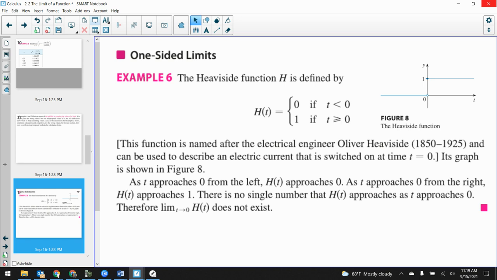I can't say that it approaches one thing, because from the left side it approaches 0, and from the right side it approaches 1. This is kind of like that sine graph that we saw get really weird right at the axis, where the limit did not exist in the middle there. This is another example where the limit as t approaches 0 does not exist, because the left side limit is not the same as the right side limit, okay?